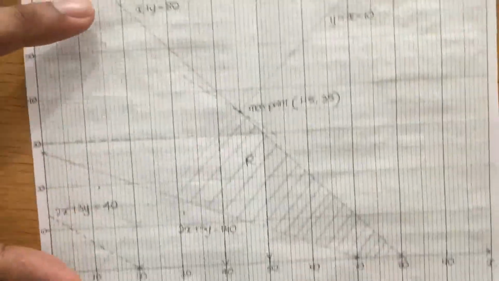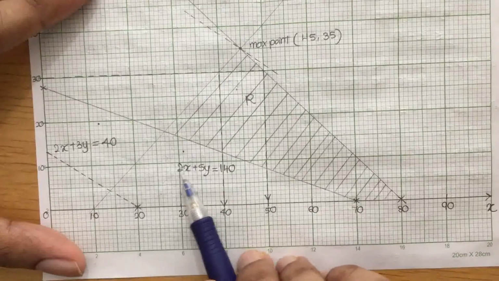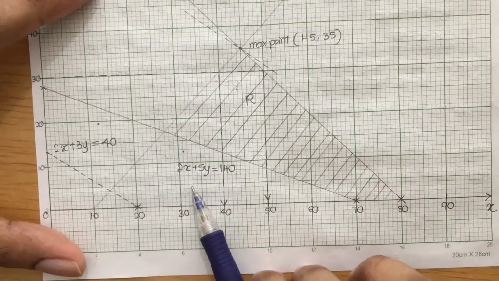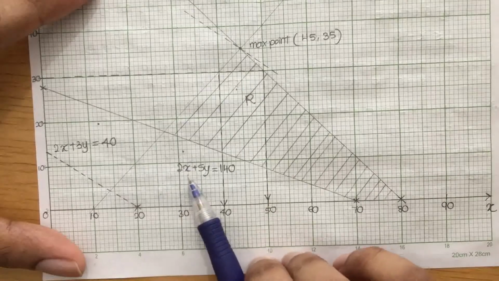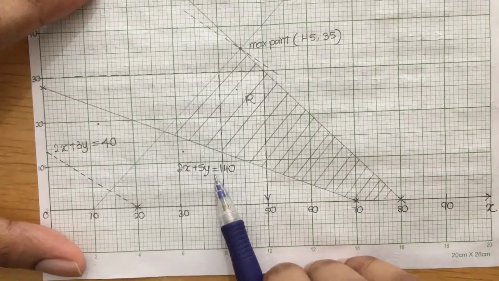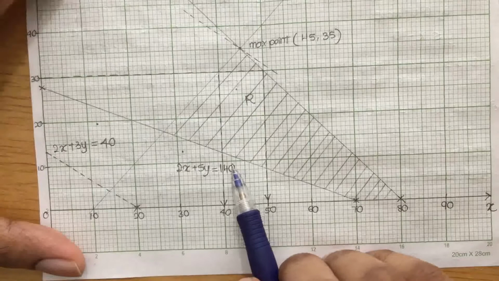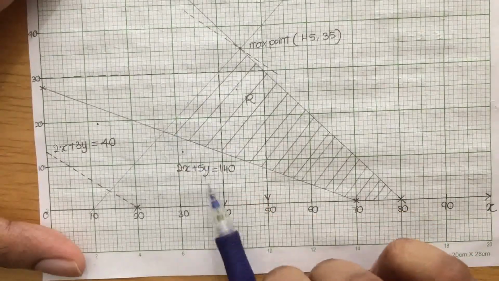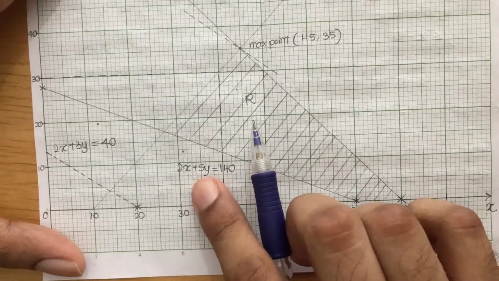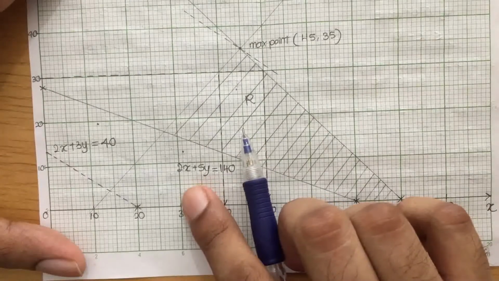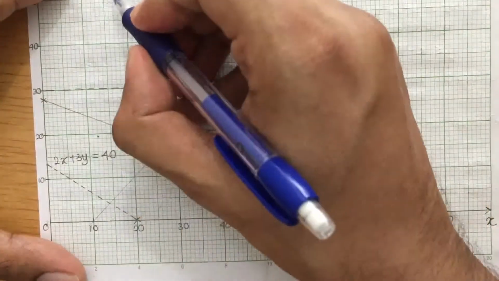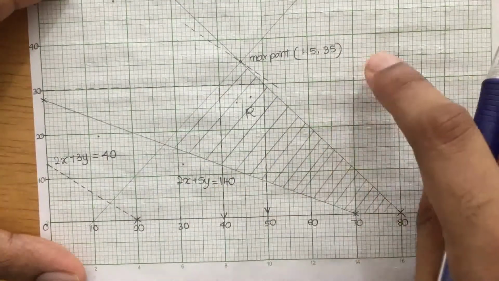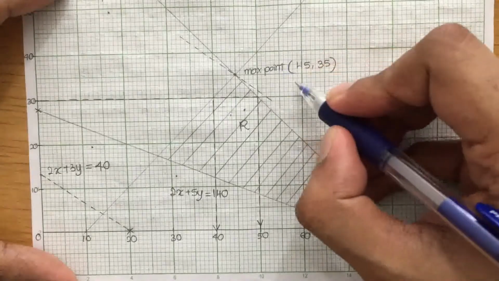For the second one, go here, 2x plus 5y equals 140. In the question, the constraint mentioned that 2x plus 5y must be more than or equal to 140. So you mark on every possible region, guys. Since it must be more than or equal, you mark here, and then you mark over here as well.